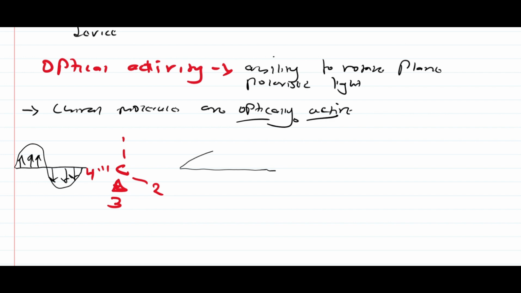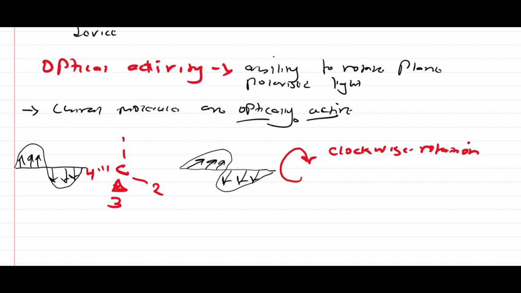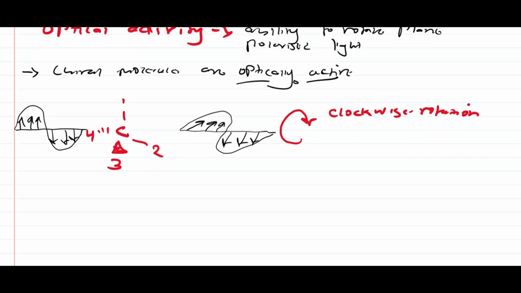We'll be having more of a slanting situation where now the magnetic and the electric field are rotated. And the rotation we are having here is, we can assume that it is clockwise rotation.